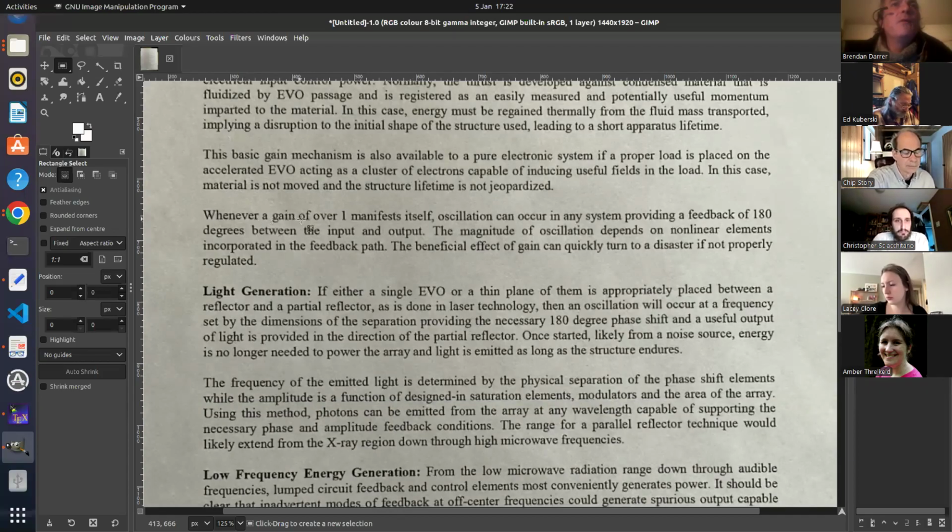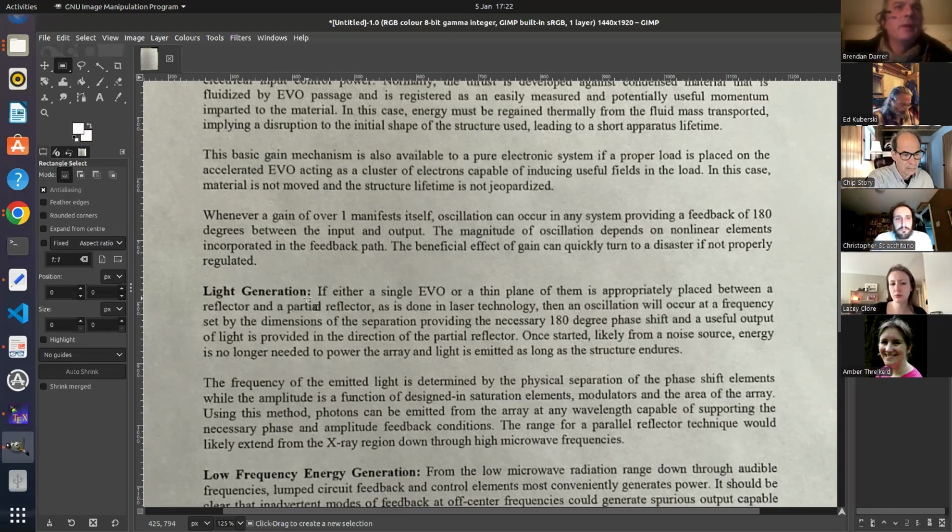Whenever a gain of over 1 manifests itself, oscillation can occur in any system, providing a feedback of 180 degrees between the input and output. The magnitude of oscillation depends on non-linear elements incorporated in the feedback path. The beneficial effect of gain can quickly turn to a disaster if not properly regulated.